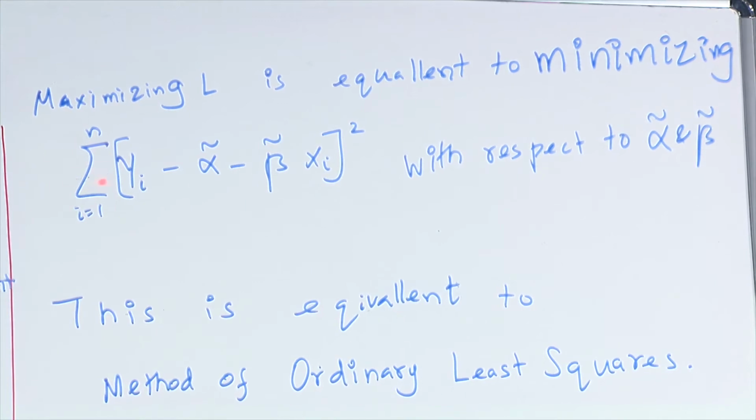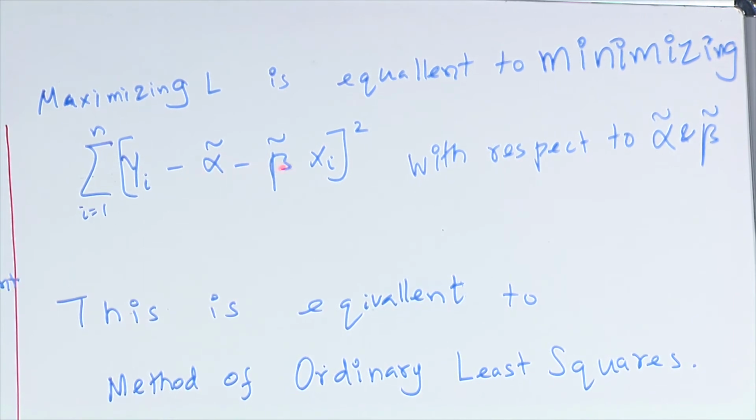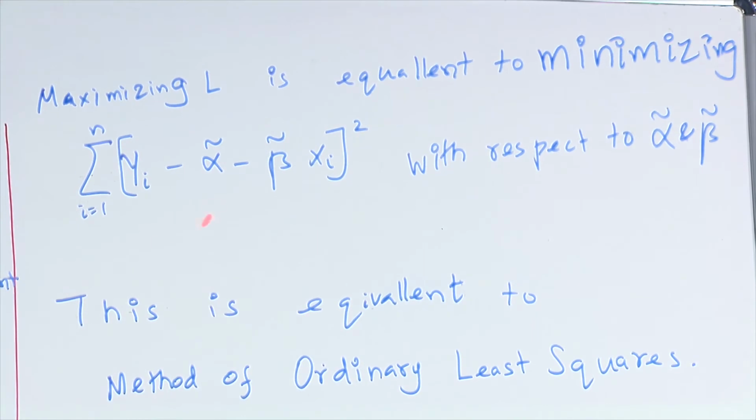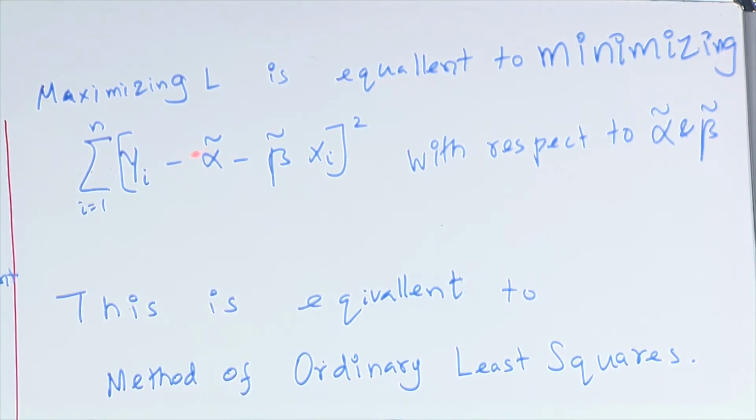Interestingly, maximizing L is equivalent to minimizing the sum over i from 1 to n of (yi minus alpha tilde minus beta tilde xi) whole square, because in the previous case we are maximizing L, which is equivalent to maximizing the exponential function of minus this term.